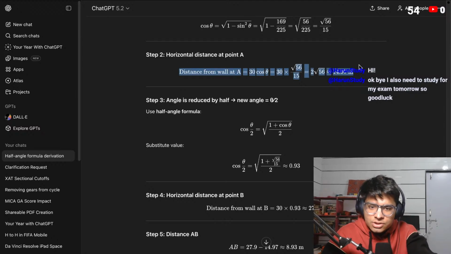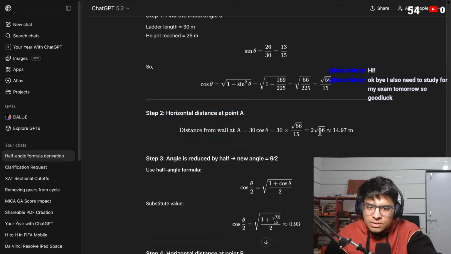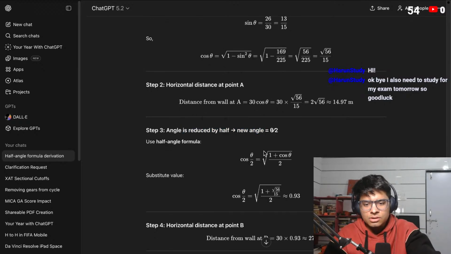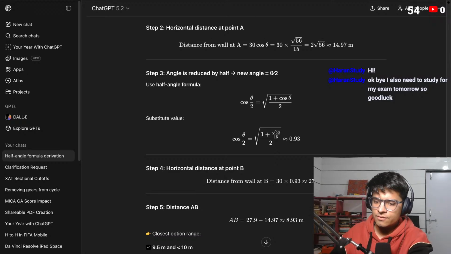This is very calculation heavy. I think you should assume this value to be 15 instead of doing all this. Because 1 plus cos theta by 2 is 0.93, 27.9, and we found out that it was 15 into 1.73.